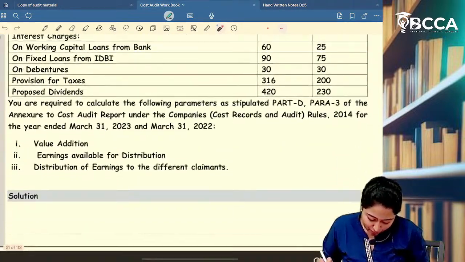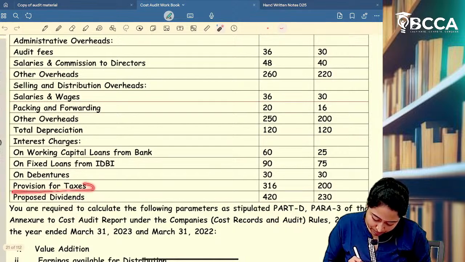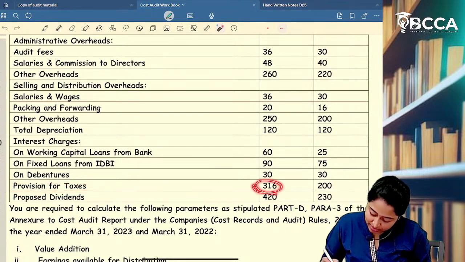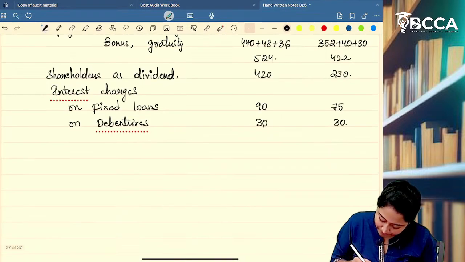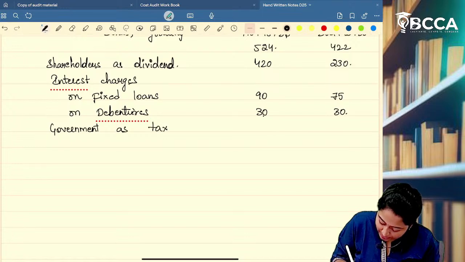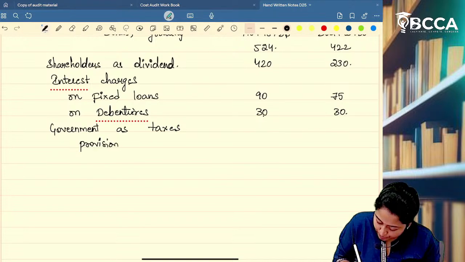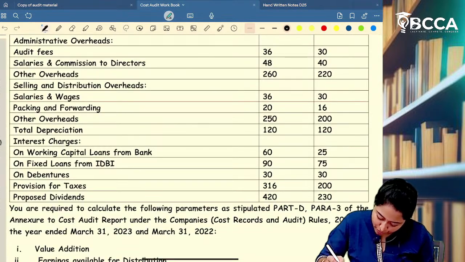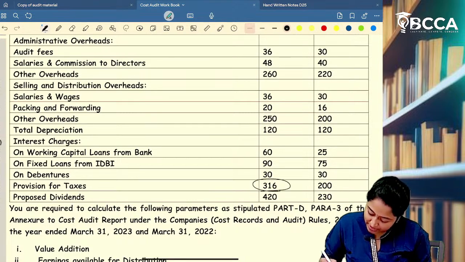And then we have what? Provision for taxes, government as taxes. Provision for taxes are how much? Provision for taxes are 316 and 200.